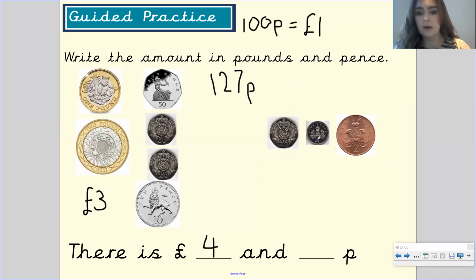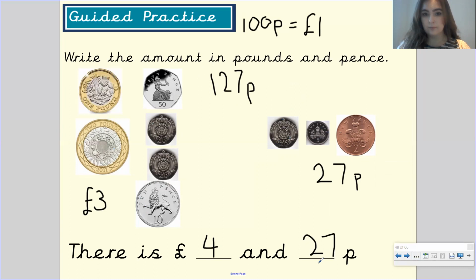And then on this side, I've got 20, 25, 27 pence left, which means I've got £4 and 27 pence. And that's because 100 pence is the same as £1. So I have converted my pence into pounds.